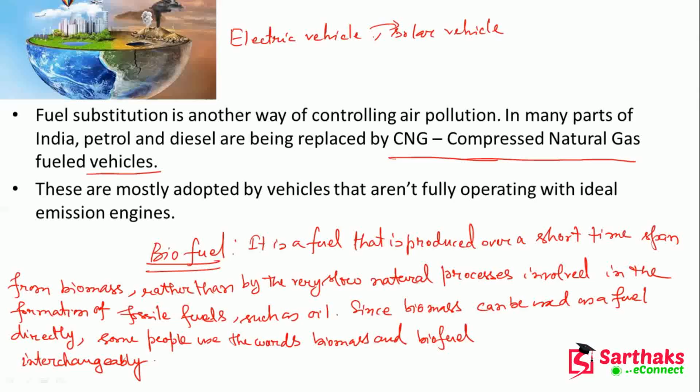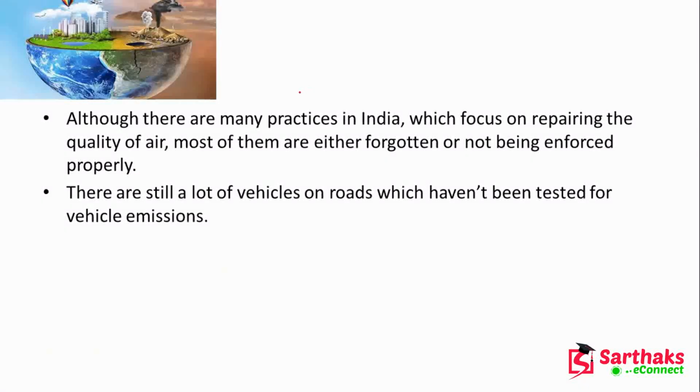Now, although there are many practices in India which focus on improving the quality of the air, most of them are either forgotten or not being enforced. So there are still a lot of vehicles on roads that have not been tested for vehicle emission. And Delhi, you heard the news, is the most polluted place here.